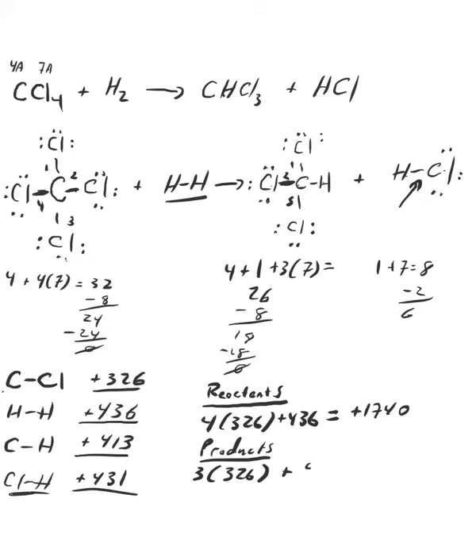So plus 431. Okay, so do the reactants, do the products. So 3 times 326 plus 431, and you get 1409. Okay. And then we said step 4 was reactants minus products, not products minus reactants, but reactants minus products.